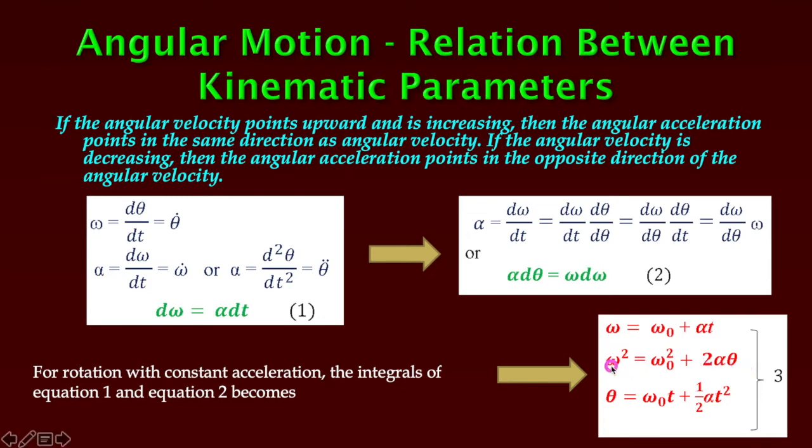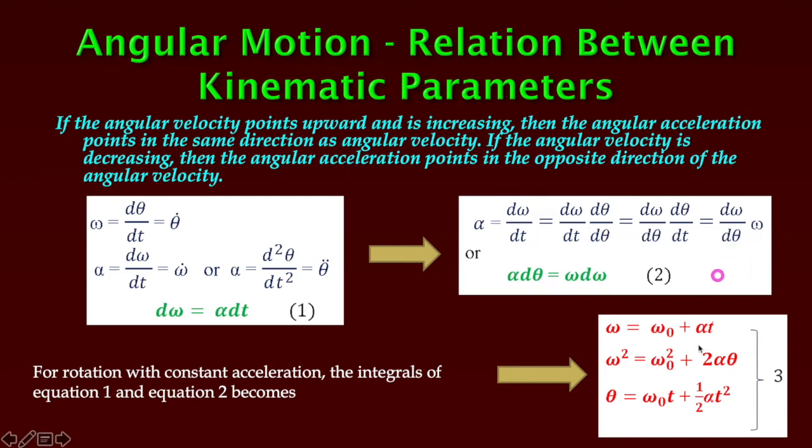Here omega is the final angular velocity. As there is angular acceleration, the angular velocity will increase. After a certain time interval t, when there is an angular displacement theta and the initial velocity is omega naught, the final speed is given by omega square equals omega naught square plus 2 alpha theta.